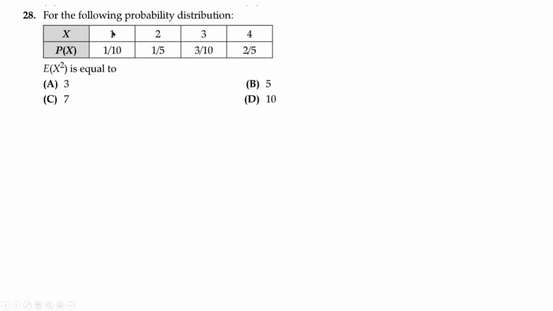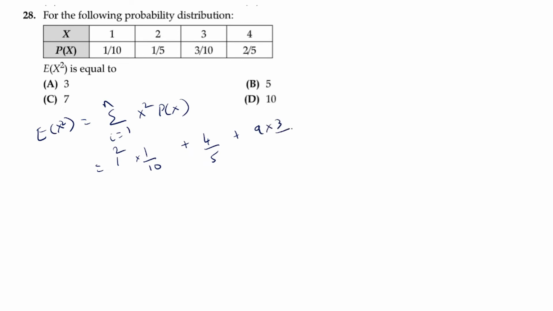Next question, for the following probability distribution, expectation of x square equal to. Now we know expectation of x square is summation i is equal to 1 to n, x square p of x. So it will be 1 square into 1 by 10 plus 2 square into 1 by 5 plus 3 square into 3 by 10.